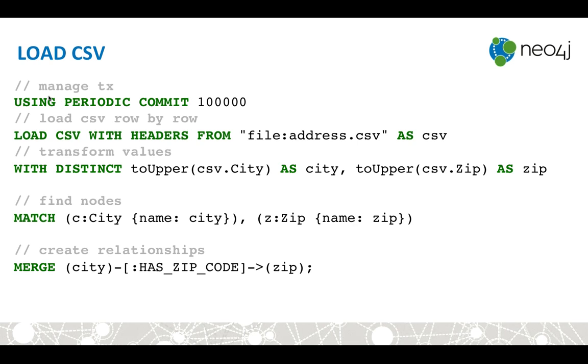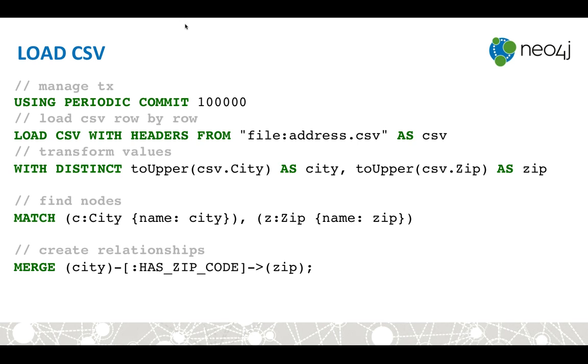In the first line, we can also choose to manage transactions in a more granular way. Usually the whole load CSV statement would run in a single transaction. That means all the changed state for the database that you just created, like all the millions of nodes and relationships, would try to fit into memory.